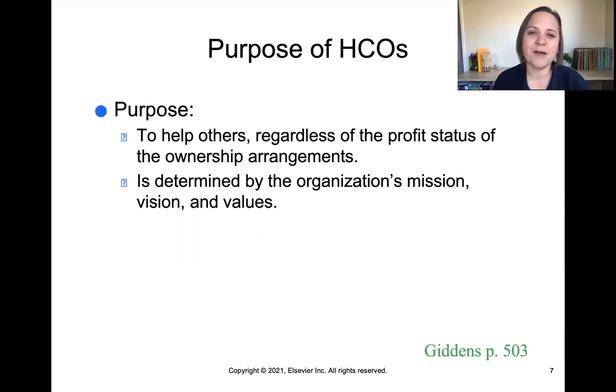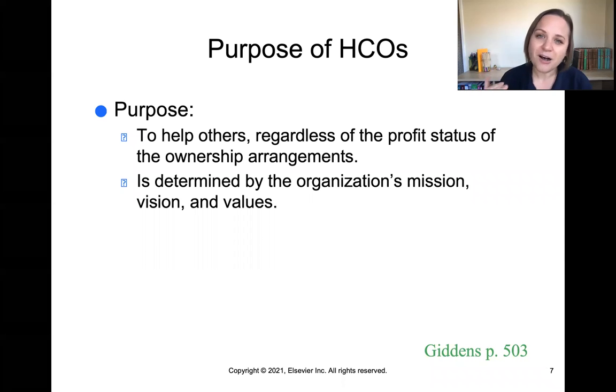So even the not-for-profit organizations really have to be driven by making enough money to keep their doors open. But the ultimate goal is really to help other people. And beyond that, the individual organization is going to have their own mission statement, their vision and values, and what they hold up as an organization.